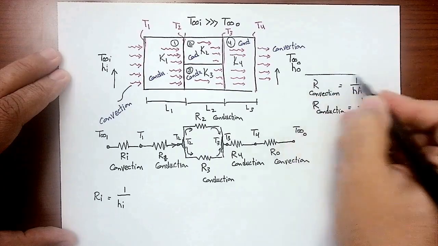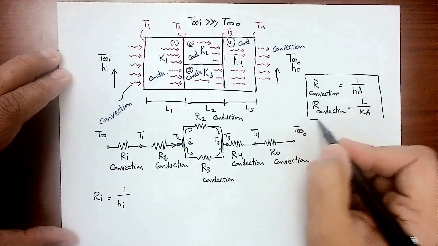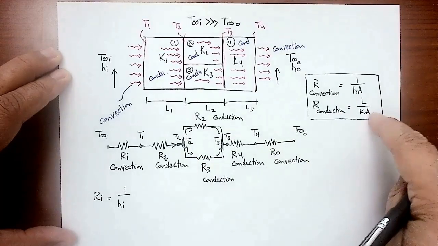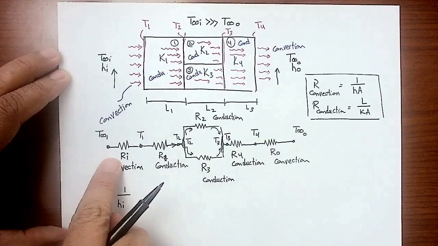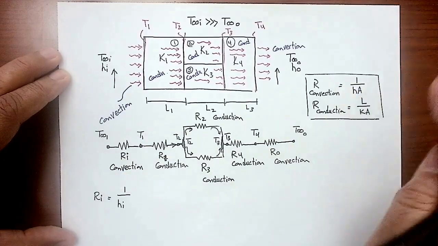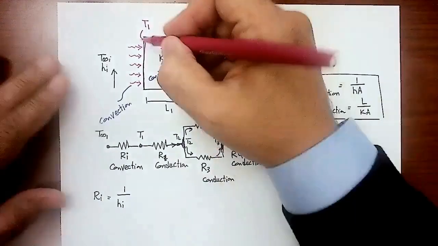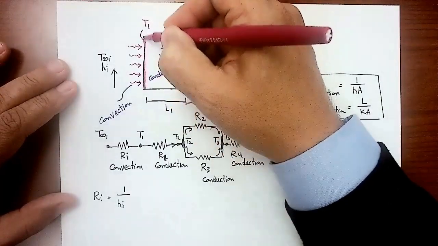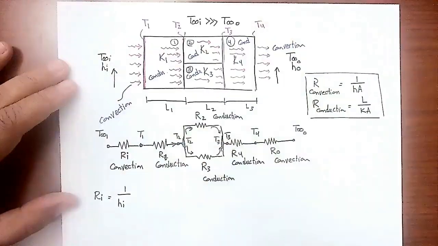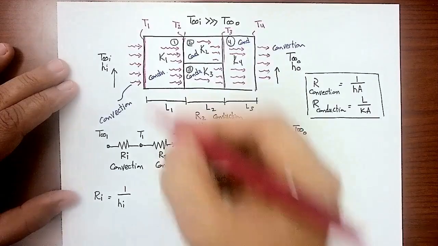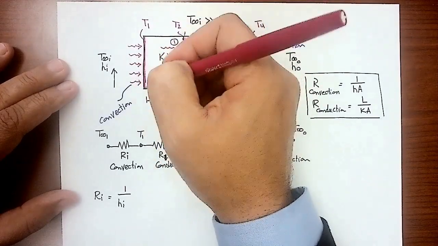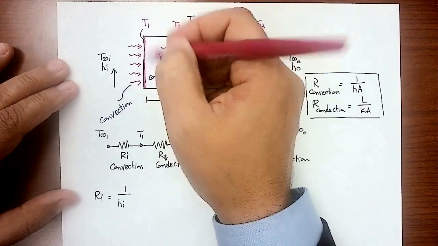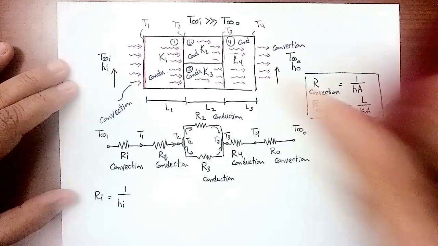I'm just writing down the formulas here without specifics. So let's apply these two formulas for all the resistances here. Ri is a convection resistance, 1 over hA. The area I'm talking about here is this height times the depth. Keep in mind, it's always the area perpendicular to the heat flow. So it's going to be the height here, whatever that height is, H, times the depth.